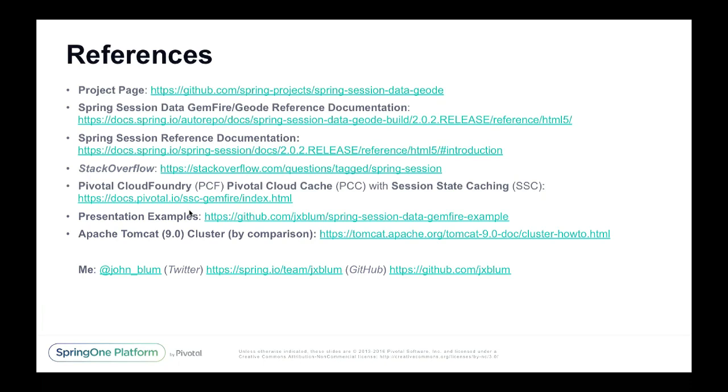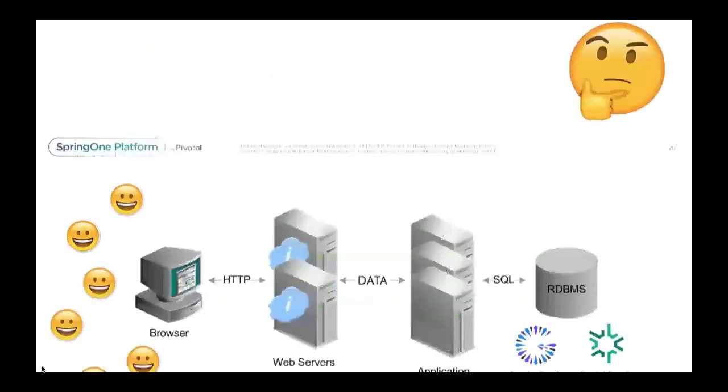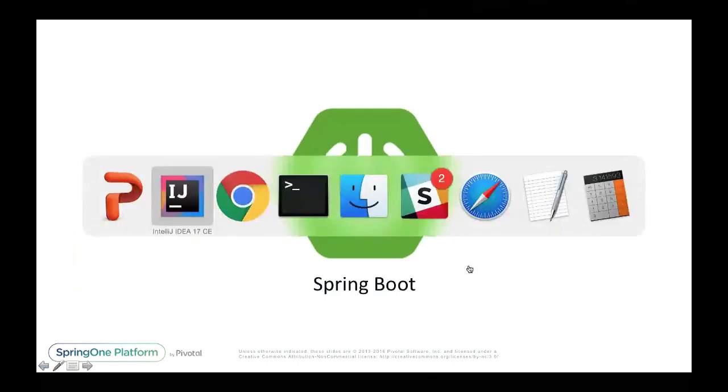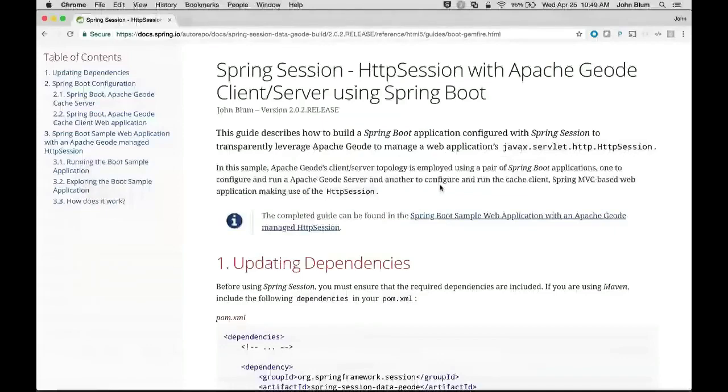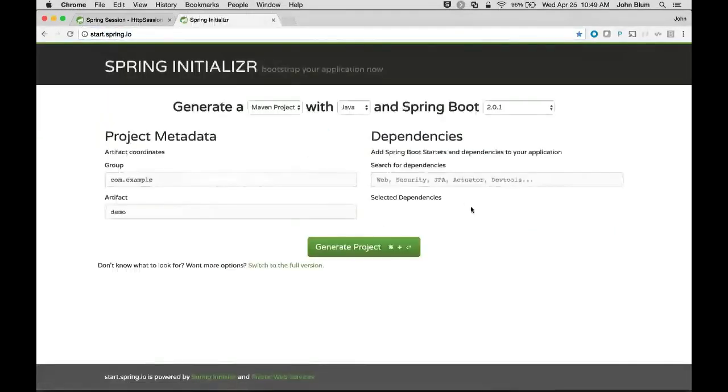What is the easiest way to get started? Awesome question as well. Let's back up a few slides. Spring Boot is your easiest way to get started, and to start with Spring Boot, you can just go to start.spring.io, and that will actually get you started creating a project with Spring Session if you would like.